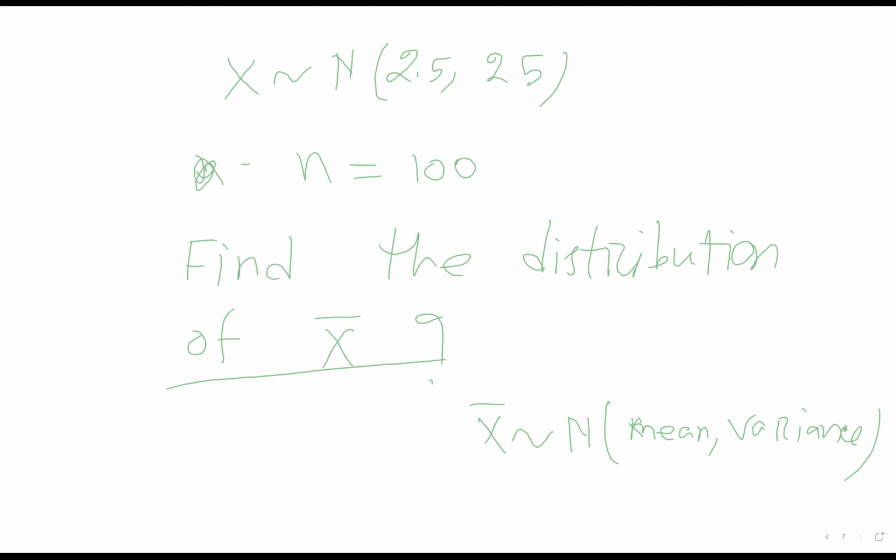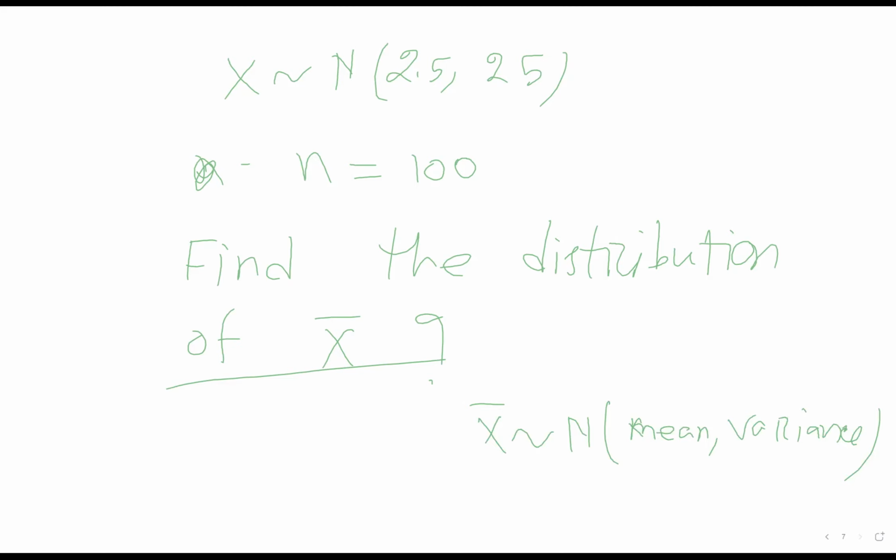Okay, so I got three answers, 2.5 and 2.5. Okay, so 2.5 and 25. Okay, mean is 2.5, that's correct. But I got two different variances. Variance would be 5 since it is a square root.